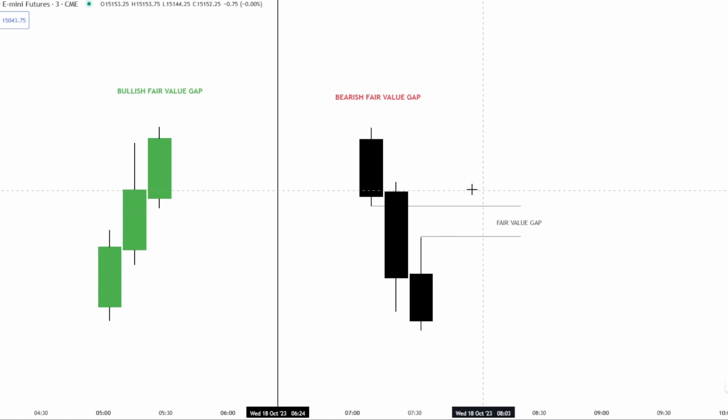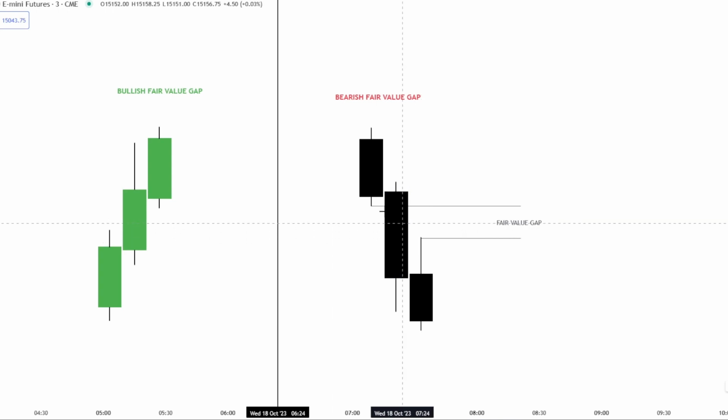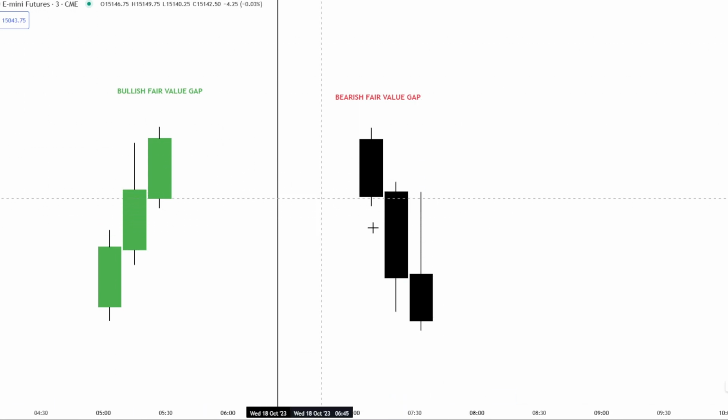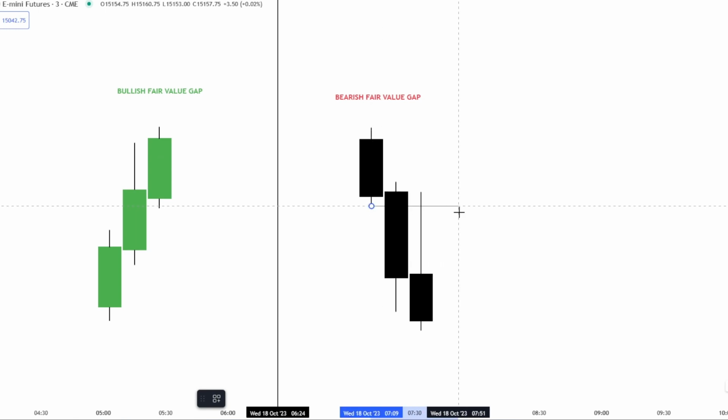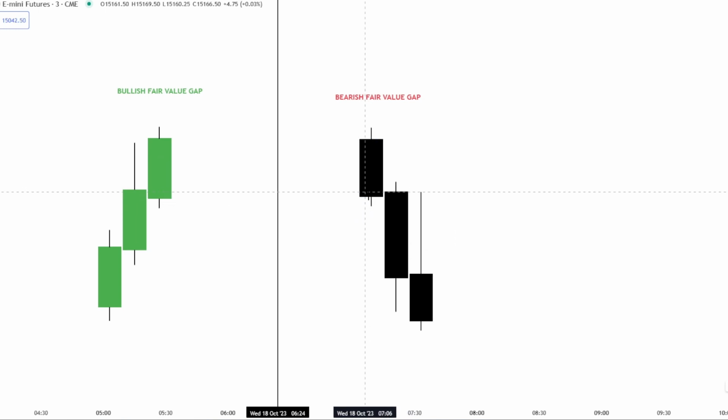The reason that this is a fair value gap is because the highest point of this candle and the lowest point of this candle are not overlapping. So had it looked like this, it would not be a fair value gap, because the wick of this candle and the wick of this candle are overlapping.